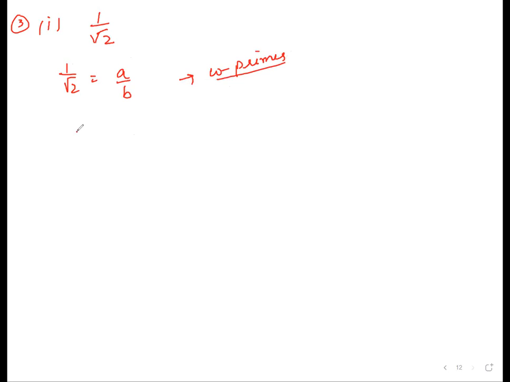So basically if you do cross multiplication, you will get under root 2 is equal to B upon A, right? Now look at your RHS. So RHS is actually integer upon integer, which is a rational number. So RHS is rational, right? Yes. So again, this contradicts the fact.